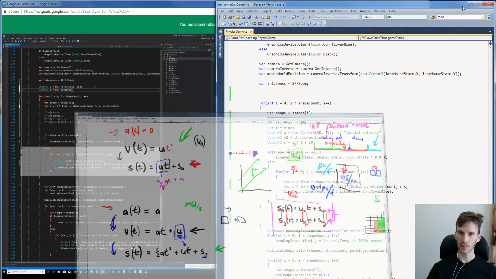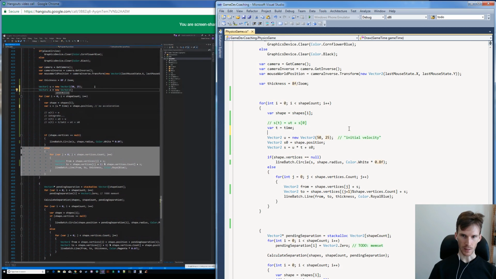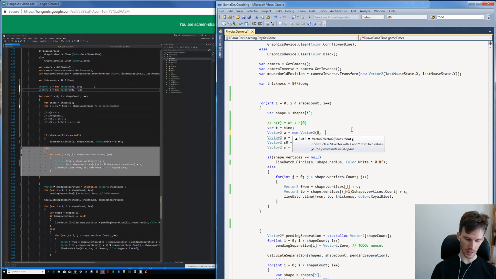What should it be? Doesn't matter, I guess. So acceleration, gravity is acceleration. A good one to do is negative on the y-axis and 0 on the x-axis. New vector 2. So, what I'll suggest is, I'm going to suggest 9.8 meters per second is a good value for gravity.